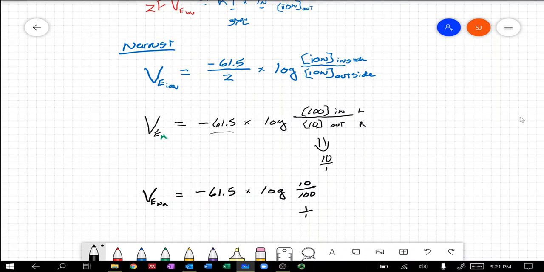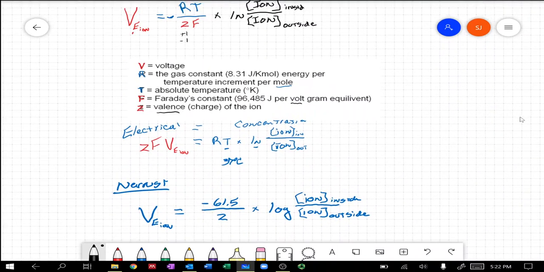So 1/10, and if you take the log of 0.1, that's just equal to -1. So the magnitude of the effect here, this is going to cancel out, right? So we're going to have positive 61.5 millivolts across those two membranes in this case.